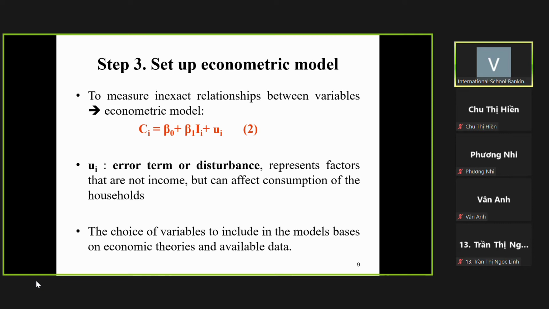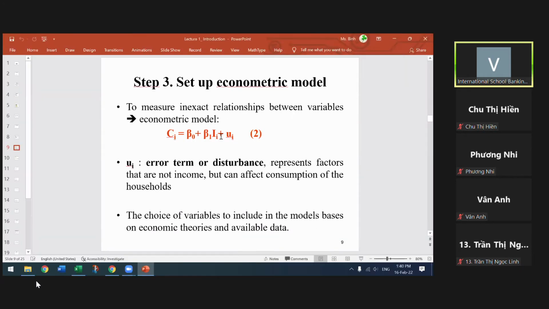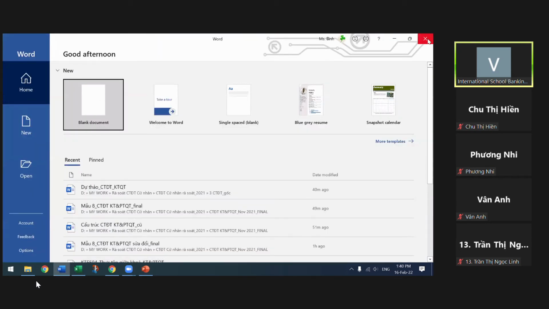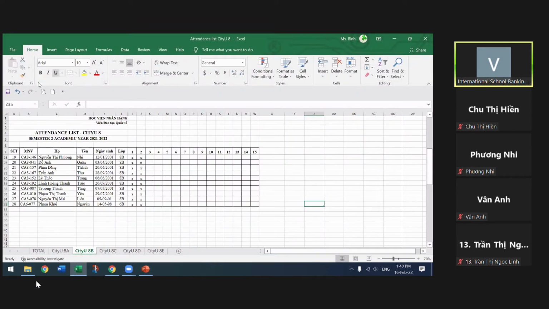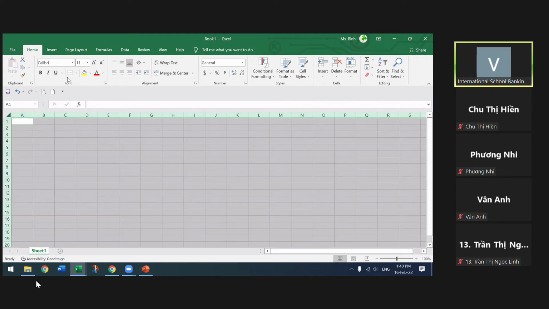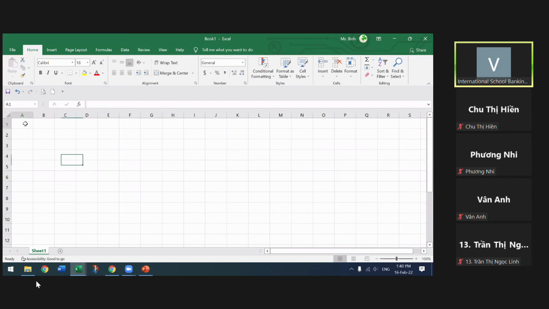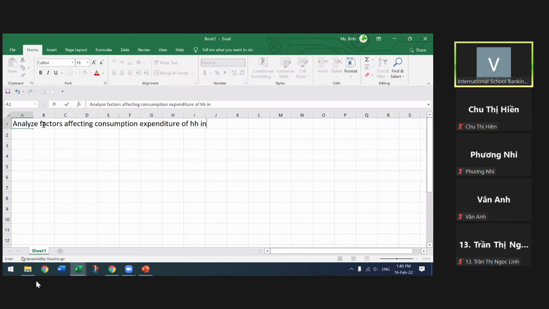For example, we have a topic like analyzing the factors affecting consumption expenditure of households in Vietnam, right?